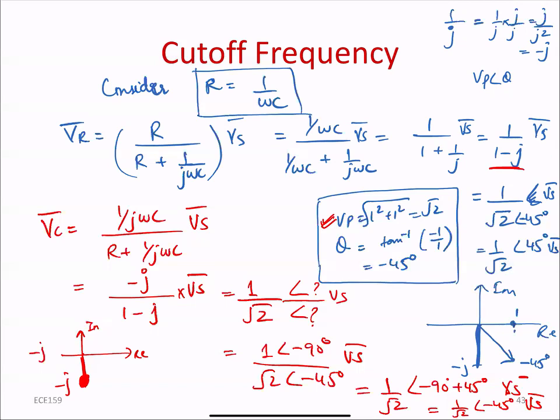So it should be tan inverse infinity, because y is minus 1, but x is 0. There is no x component. So we are basically calculating tan inverse of infinity.